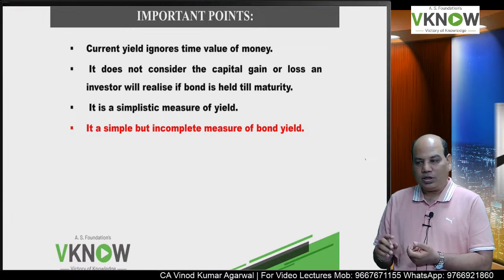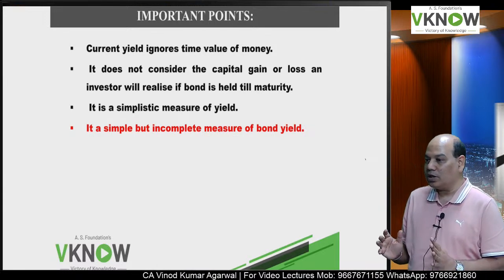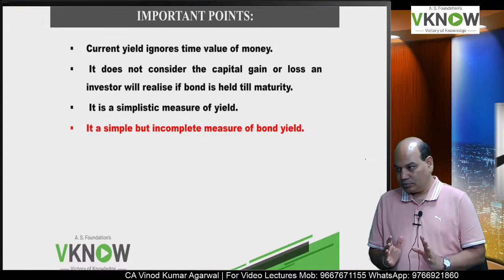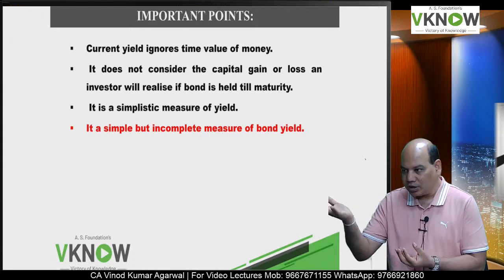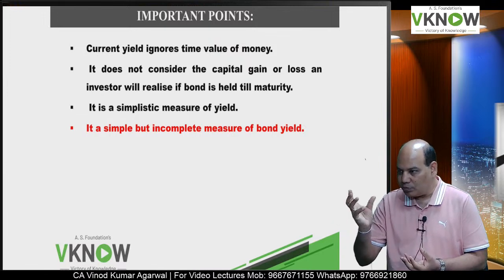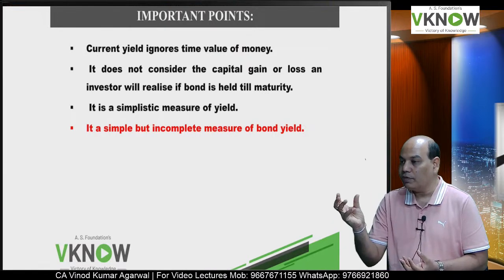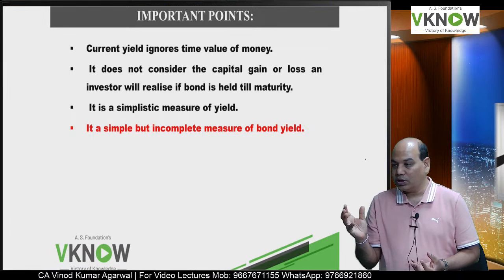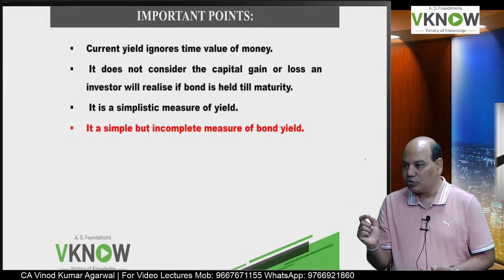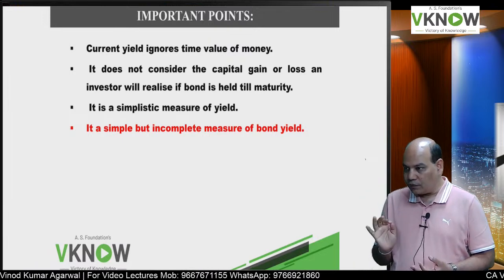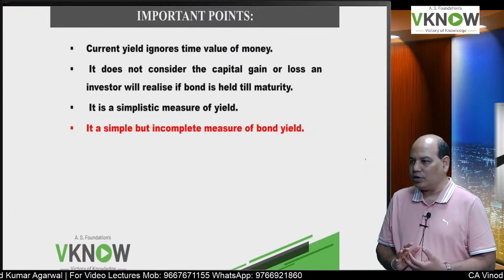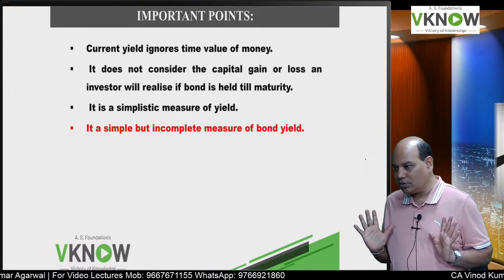Secondly, it does not take into account the capital gain or loss. Suppose the bond was purchased for 95 and redeemed at 100. So there is a 5 rupees capital gain also, that will also affect your return. But this current yield calculation does not take into account the capital gain or loss. Therefore, it is a simplistic measure of yield. It is a simple method of calculation.